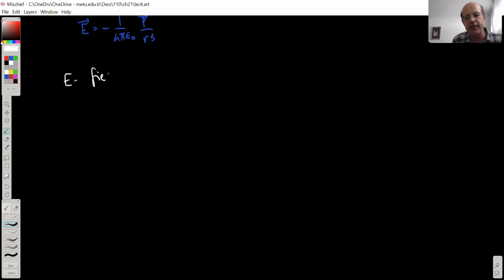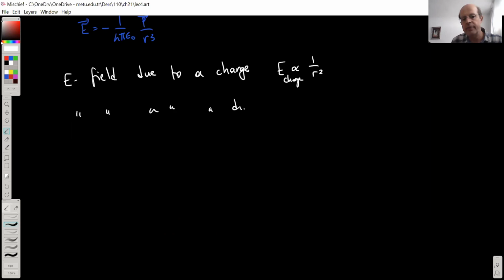So the E field due to a charge, I mean an ion, for example, that has a net charge, is proportional to 1/r squared. So let me say E charge here. And the electric field due to a dipole is proportional to 1/r cubed.